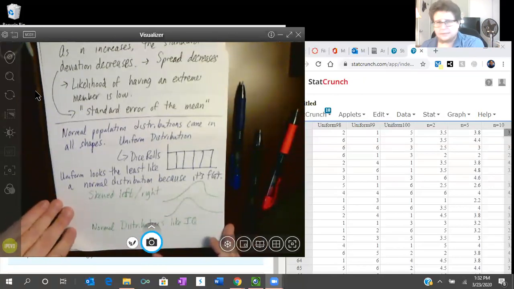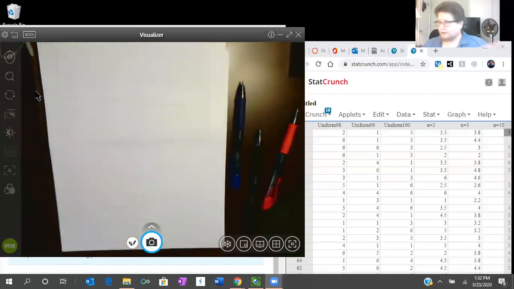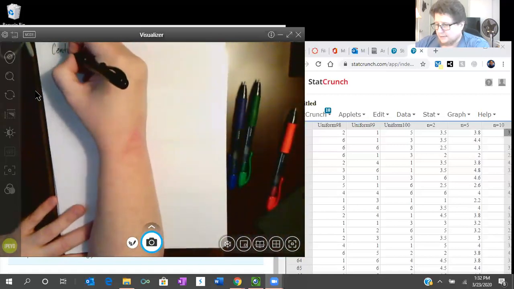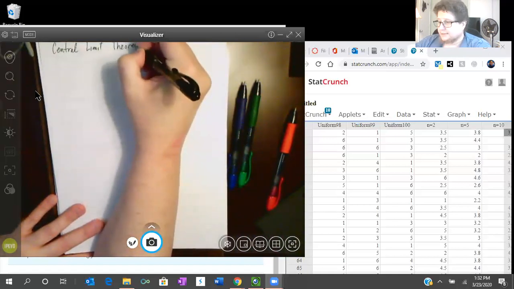Hopefully you clicked pause. This leads to the idea of the central limit theorem. The central limit theorem is one of the biggest things that helps us throughout statistics.